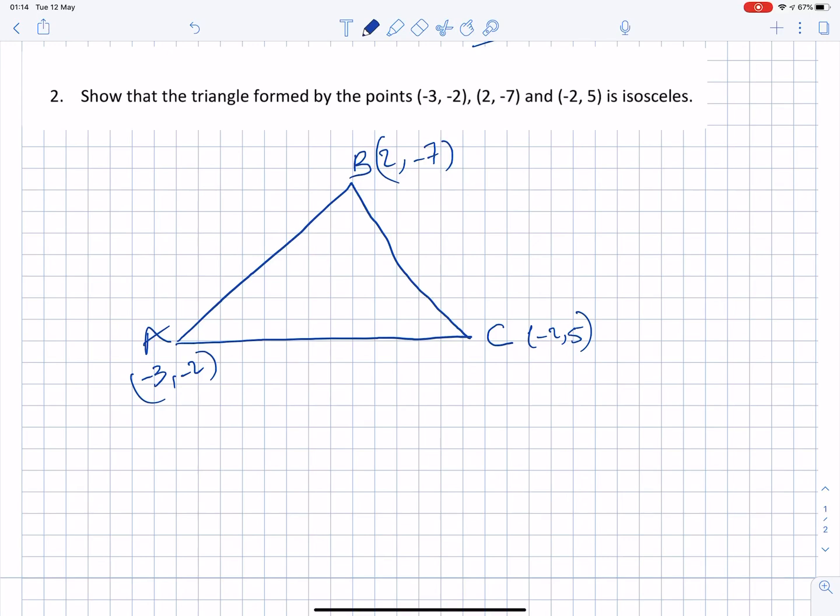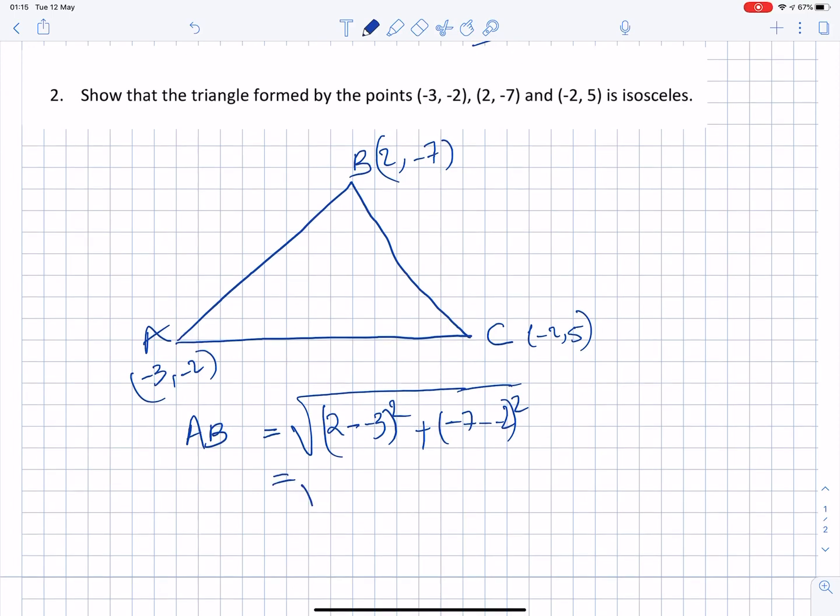I will start with AB. So AB is equal to the square root of, so I'm starting with B, 2 take away negative 3, squared, plus negative 7, so in a bracket, take away 2, squared.